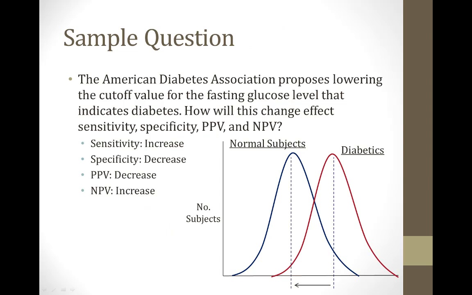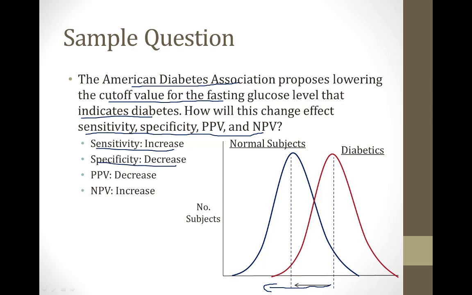So let's suppose that the American Diabetes Association proposes lowering the cutoff value for the fasting glucose level that indicates diabetes. How will this change affect sensitivity, specificity, positive predictive value, and negative predictive value? Well, now we've gone over all these things between the module on sensitivity, specificity, and this module. So we talked about how moving the cutoff this way, lowering the cutoff, increases the sensitivity of a test and decreases the specificity.